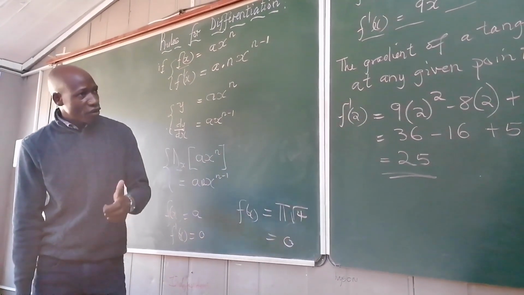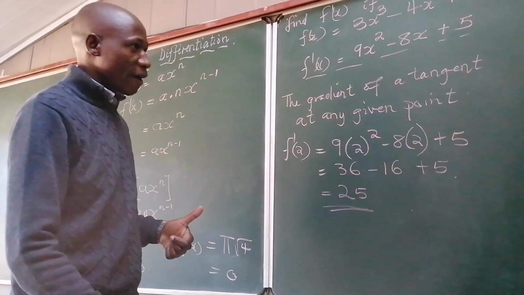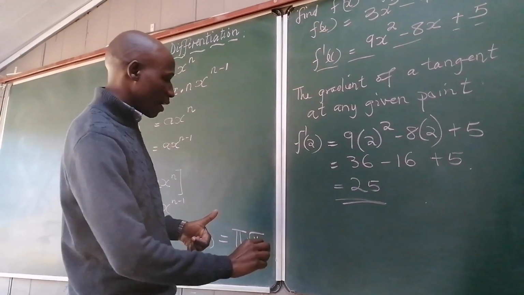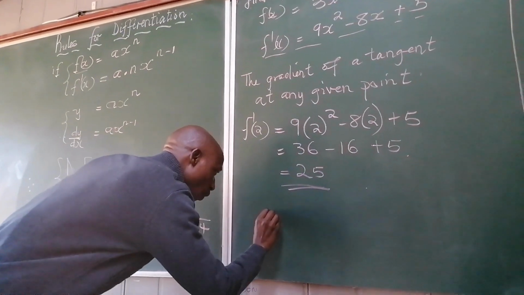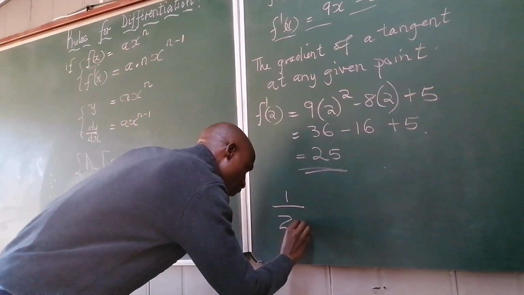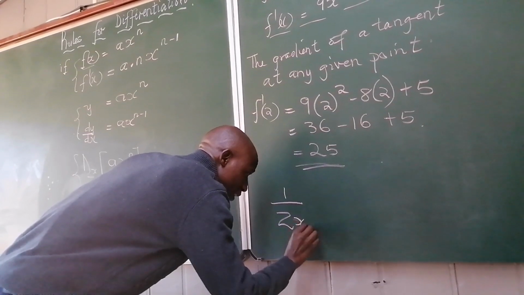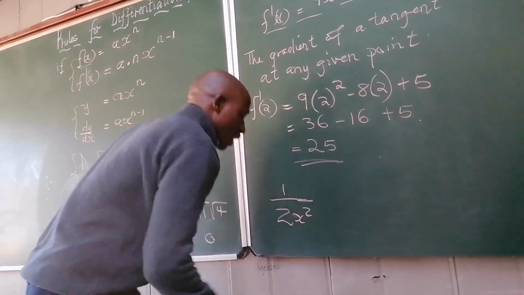And lastly, on the laws of exponents, I need to emphasize this one. Let's say we have, I'll write it here, 1 over 2x, right? X squared, yeah, it's fine.